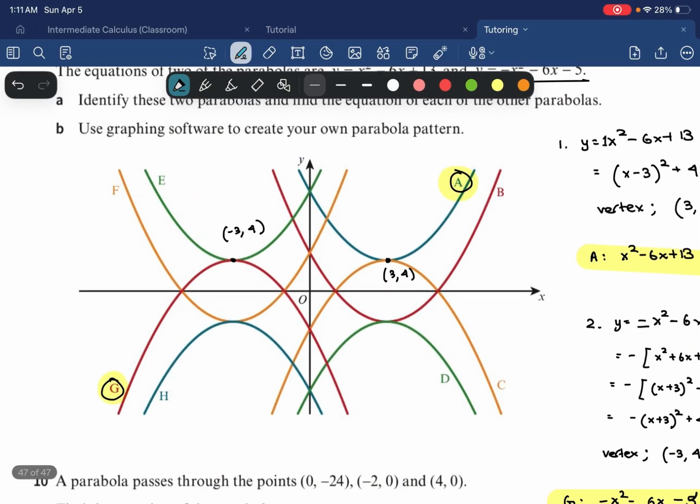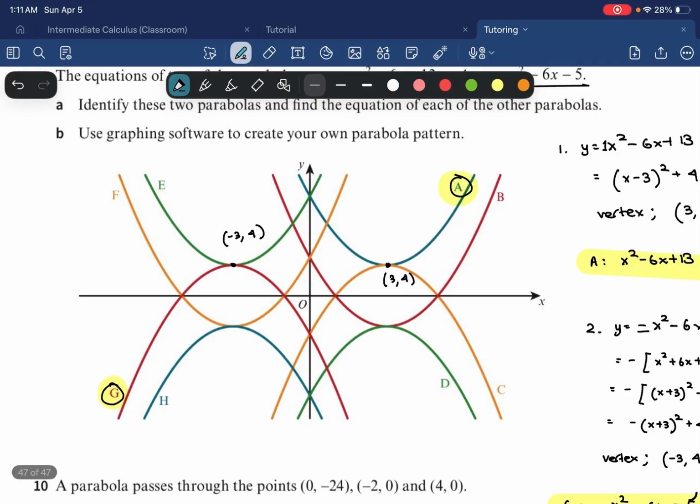Well, if you think about it, if I take the graph of G and I reflect it over the x-axis, this part, okay, let me use a good color.